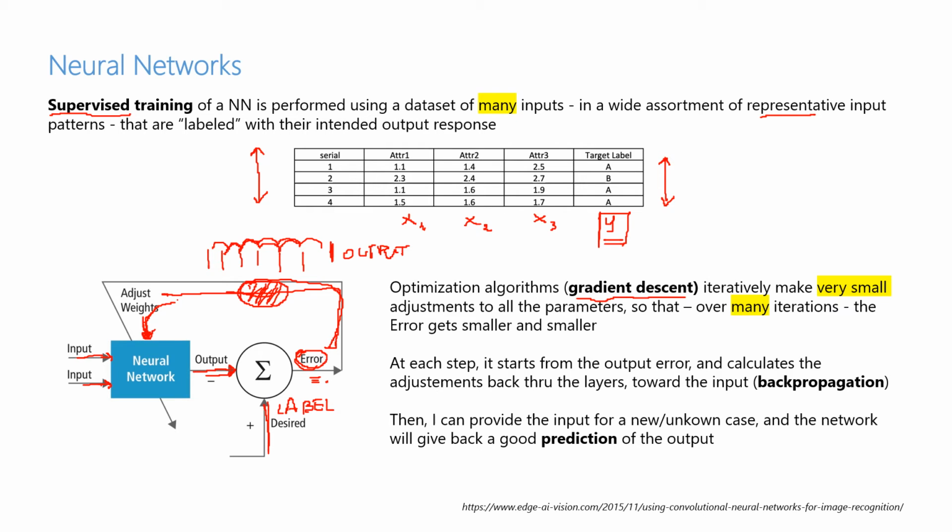So the answers start to be correct or almost correct, or correct enough, and we can stop the training and put the model in production.